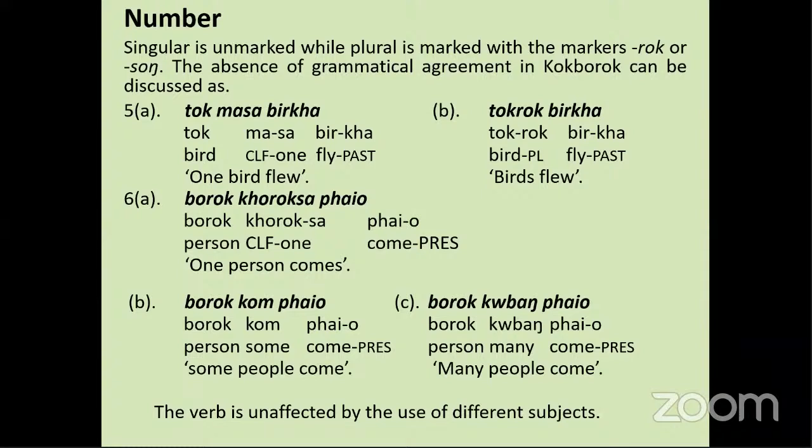So pia plus rok, piarok, bees; knock plus rok, knockrok, houses; borok plus rok, people, borokrok; and churai rok, that is children.